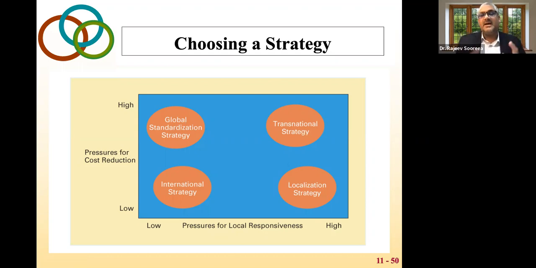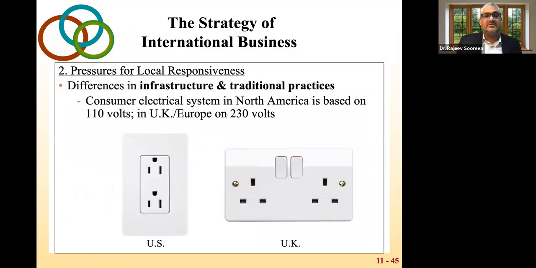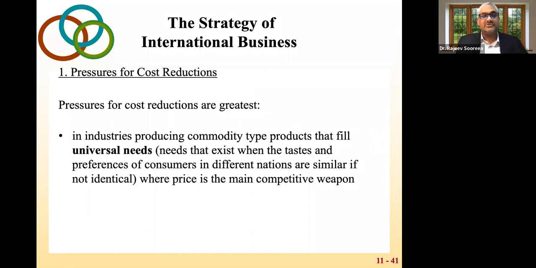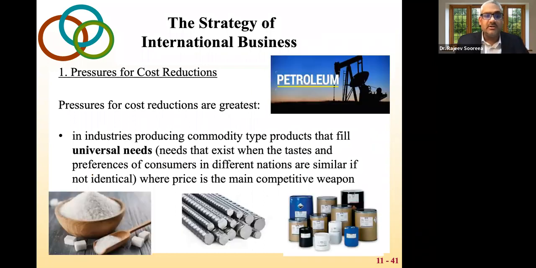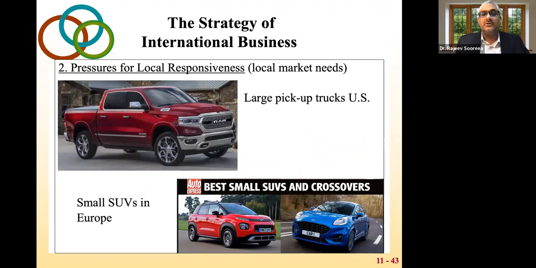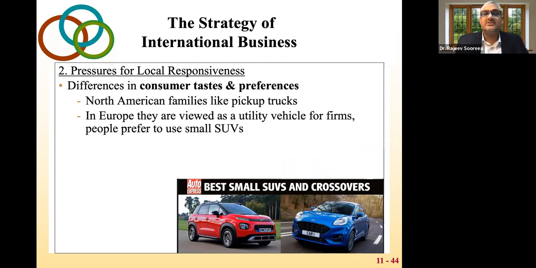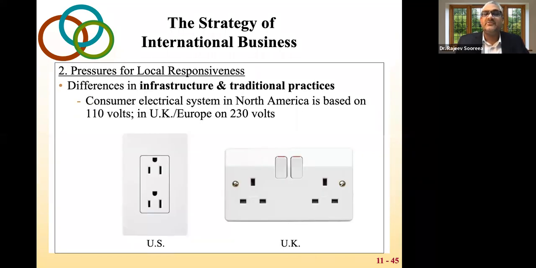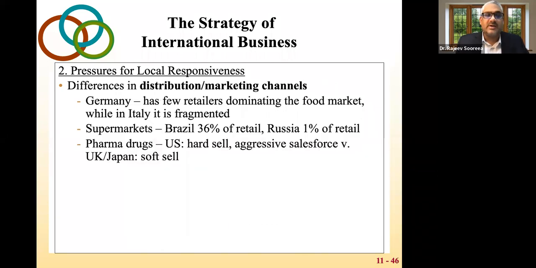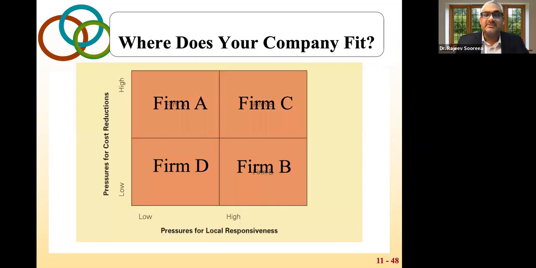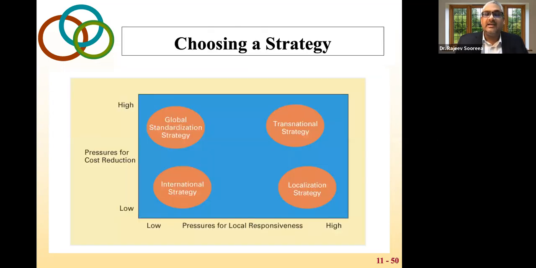So you have to go back to those elements we talked about: pressures for cost reduction, what kind of products you are, and pressures for local responsiveness based on consumer tastes and preferences, differences in infrastructure, traditional practices, distribution channels, marketing channels, government demands. The combination of those two pressures will give you your firm strategy, and the strategy will be one of those four strategies.